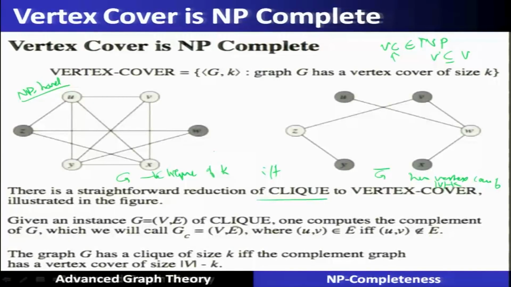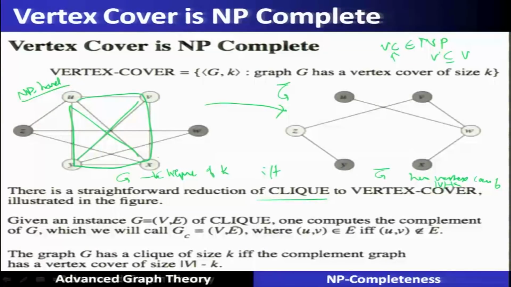So here we can see that in G there is a clique of size 4, all the vertices are connected. We convert it into the complement of that graph and all these edges are missing. So in the complement graph we will get the vertex cover.